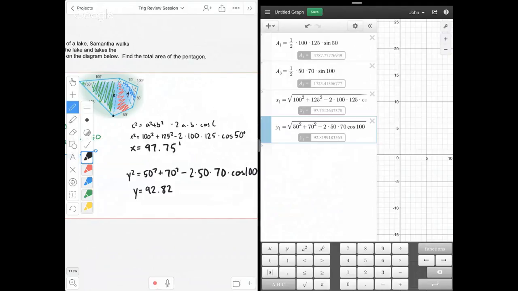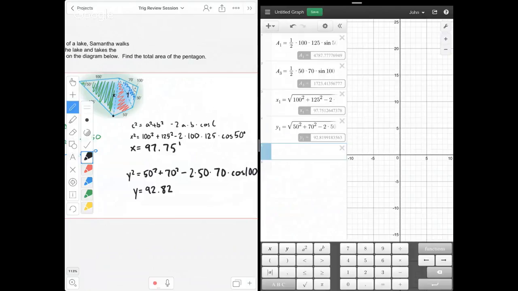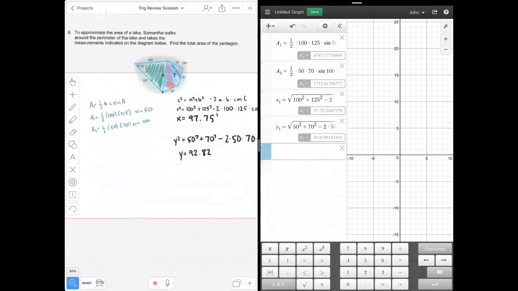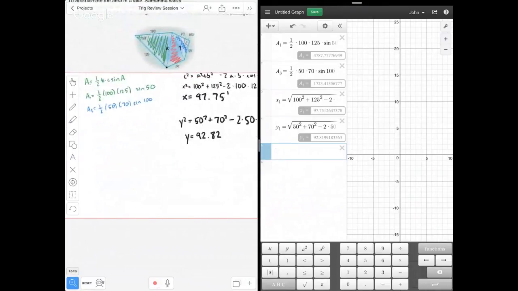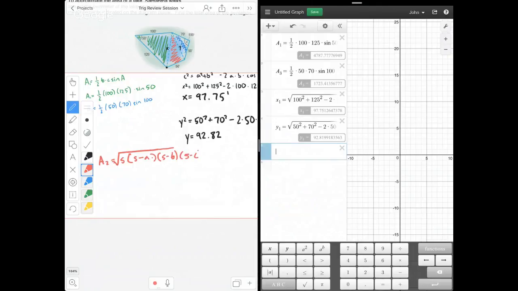Cool. The nice thing about working in Desmos and having named all these variables is that I can now just say that the red area, area 2, will be given by Heron's law. Heron's law says that the red area, area 2, is equal to the square root of s times s minus a times s minus b times s minus c.